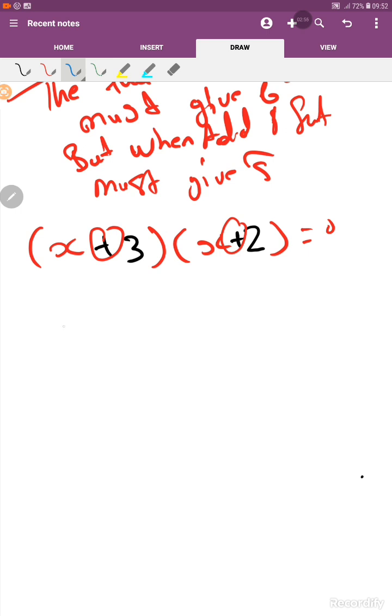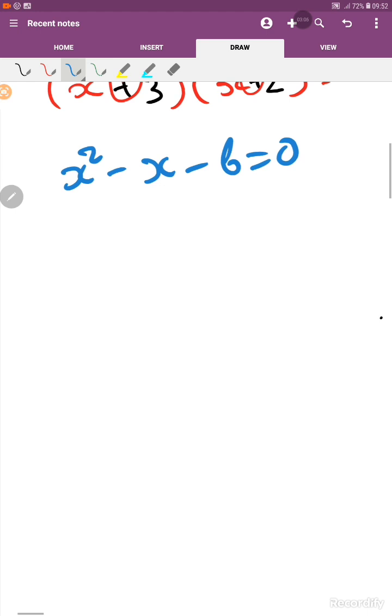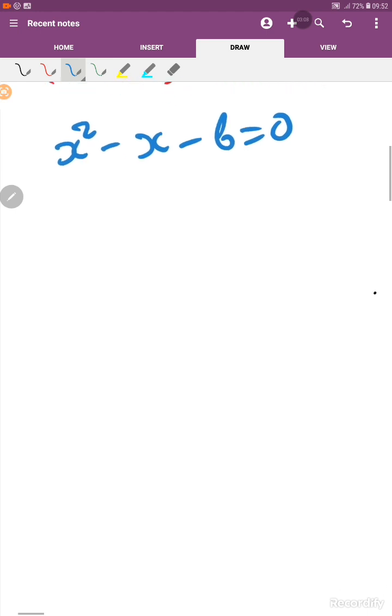So the other one says that x squared minus x minus 6 is equal to 0. So when you deal with this guy here, the first statement, when you multiply must give you 6, when you add must give you x, meaning must give you 1, because the coefficient of x is 1, right?